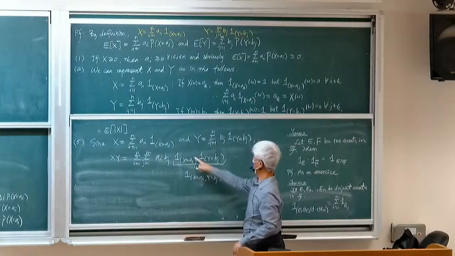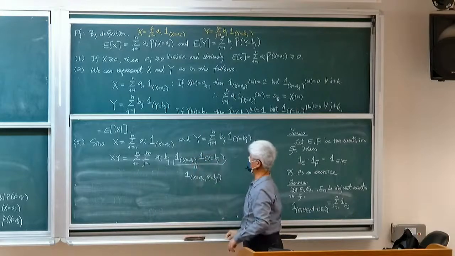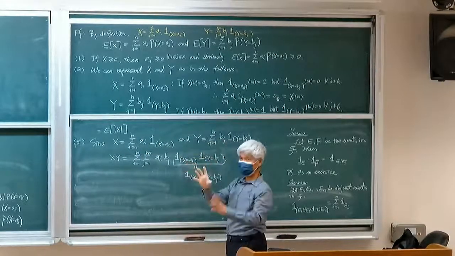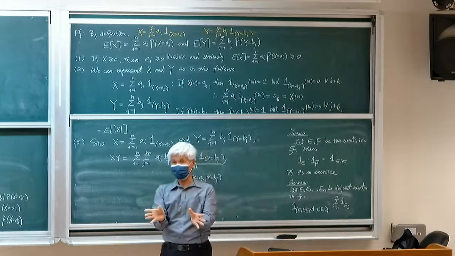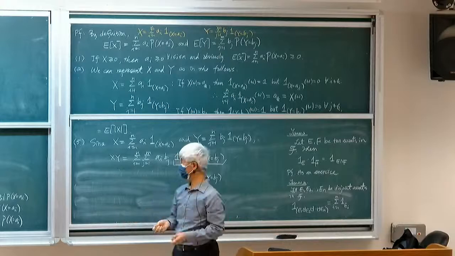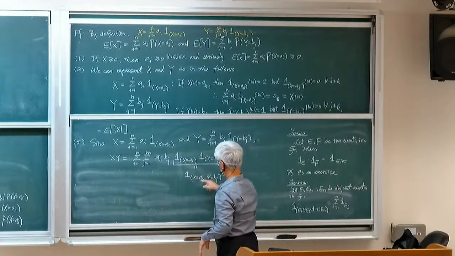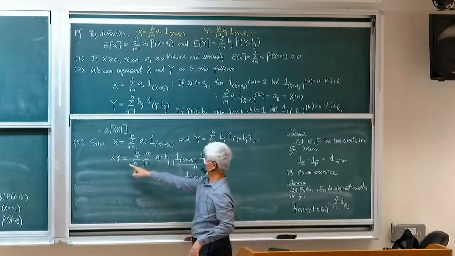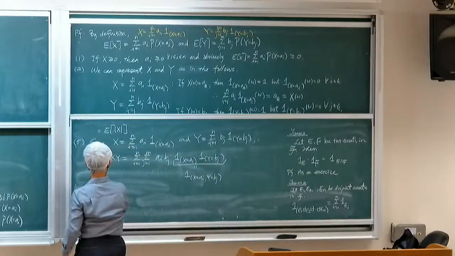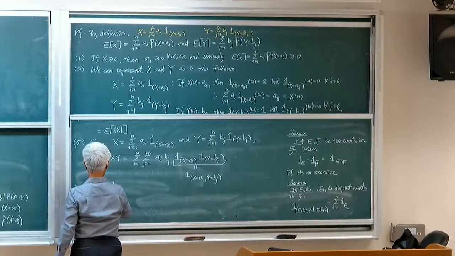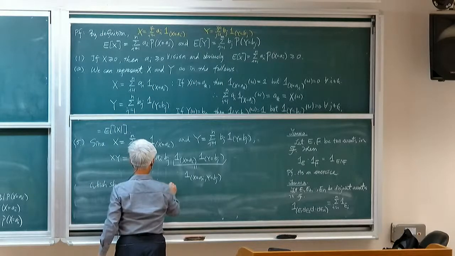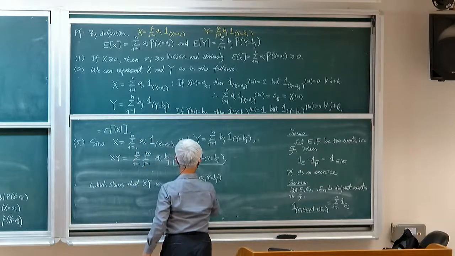Because I use functions, since an indicator is still a function, just taking the values 0 or 1, a very simple function, this comes to here. So from here you will see that x times y is a simple random variable again.